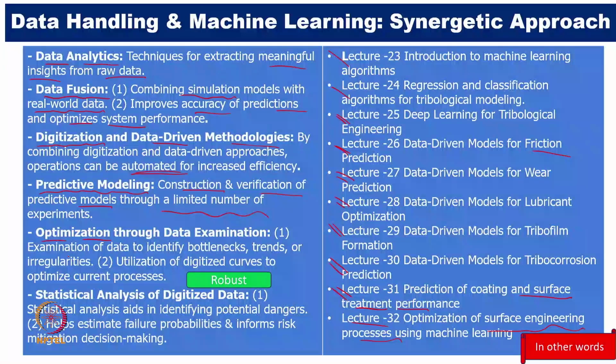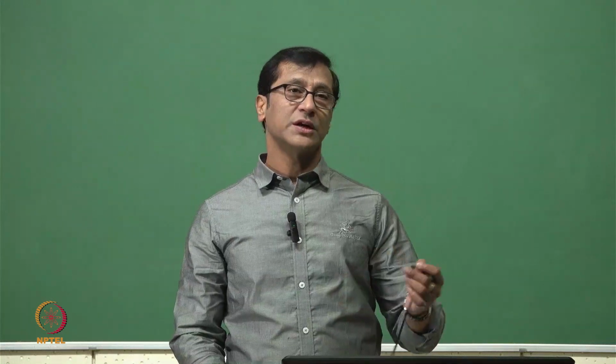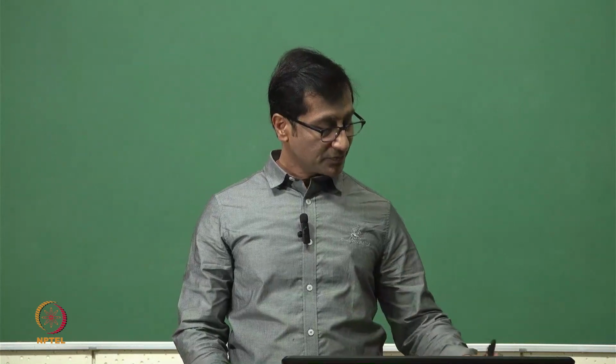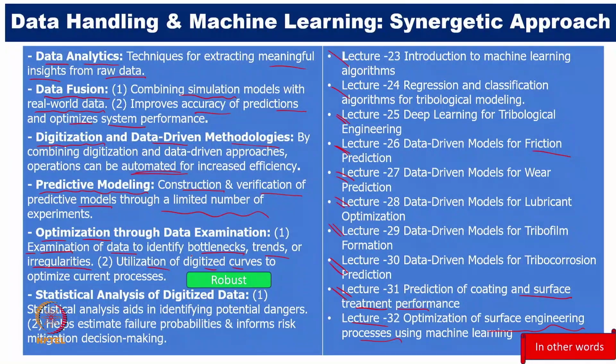So what we will do is examination of the data to identify bottlenecks, trends and irregularities. If you are able to judge what the bottlenecks are, why the trend is not being followed, what the irregularities are, or why the noise parameters are increasing, based on that we can optimize in a better manner. So utilization of digitized curves, as I mentioned, most of the engineering curves are available in the literature.